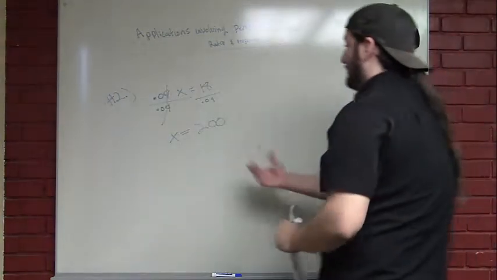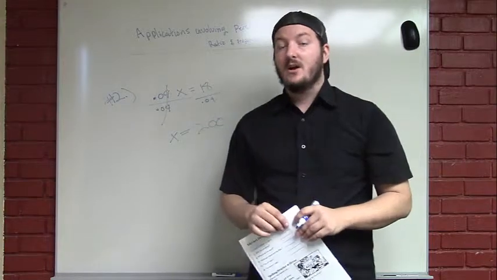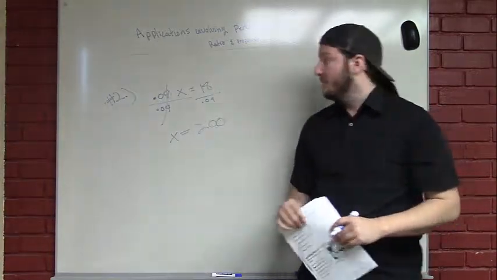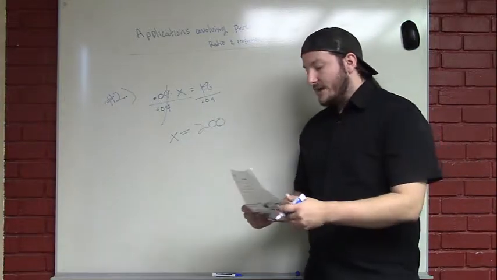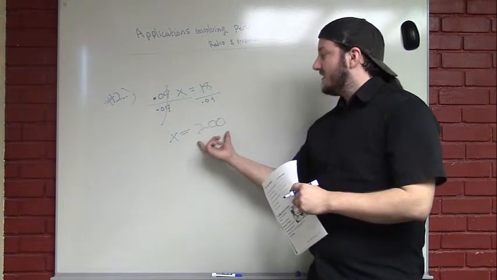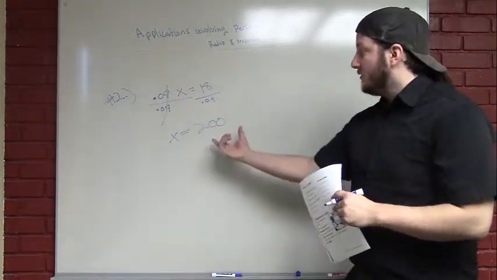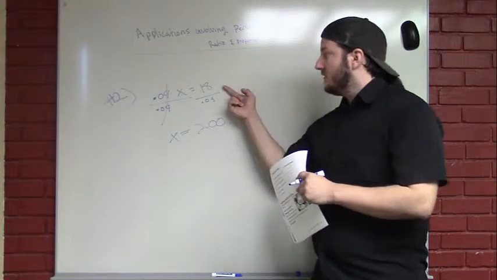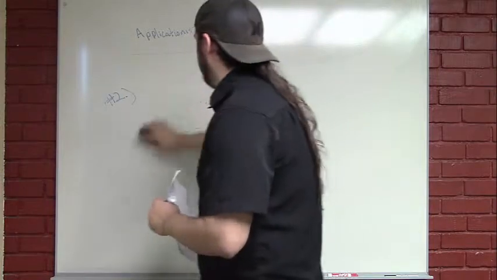And you should be able to know how to do that by hand, because not all teachers let you use a calculator. So you've got to work your brain a little bit. So do that by hand, make sure you know that. Okay, so what that is saying is 9% of what number, which we found to be 200. So 9% of 200 is 18. All right, next one.